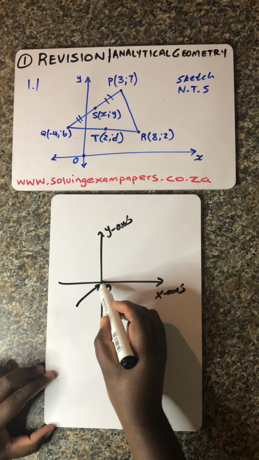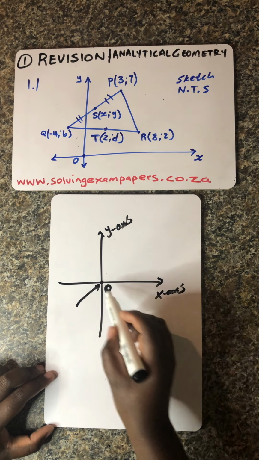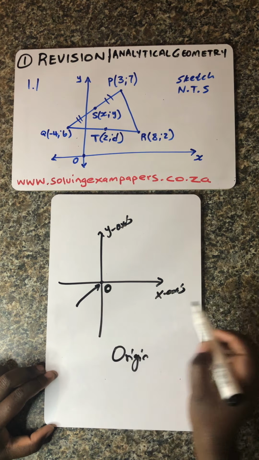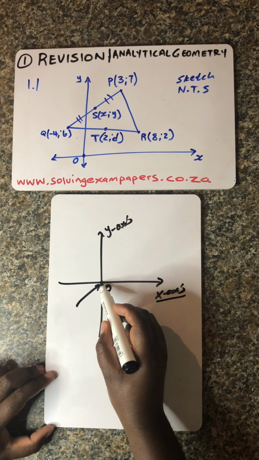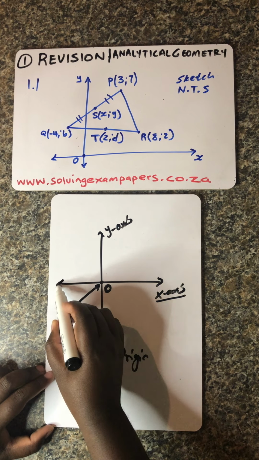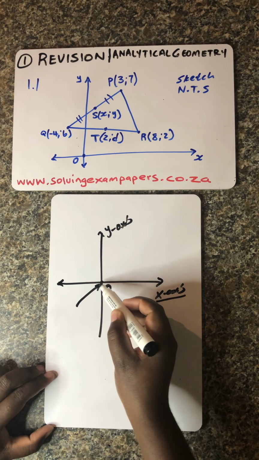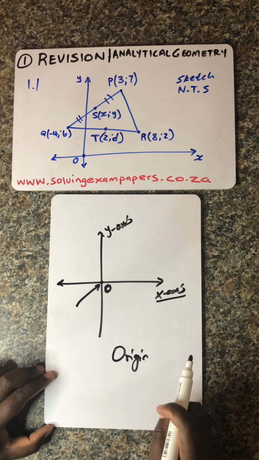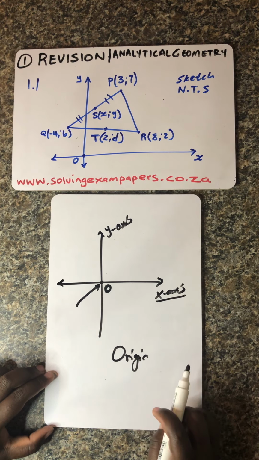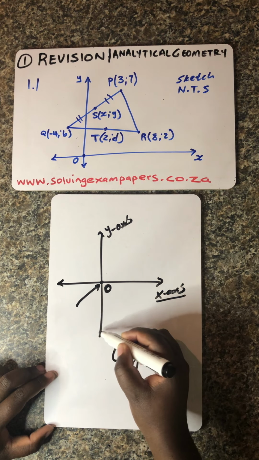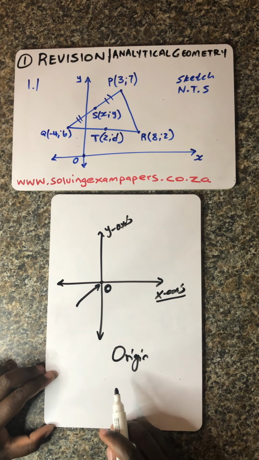Then from 0 in that direction, you go on the positive side of the x-axis. From 0 in that direction, you go towards the negative side of the x-axis. From that point going upwards, you go to the positive side of the y-axis. From that point going downwards, you go to the negative values of the y-axis.